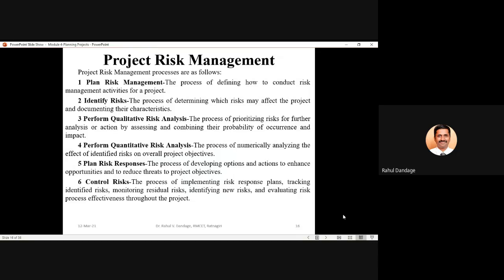Once you have identified the risks, the next step, process number 3, is performing qualitative risk analysis.